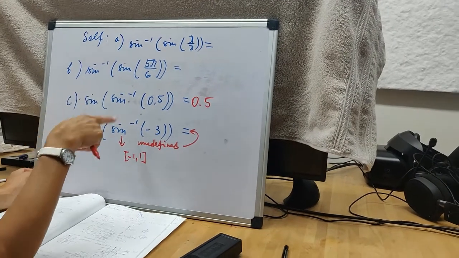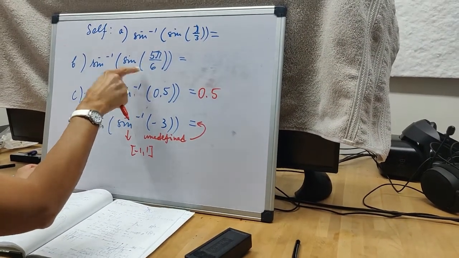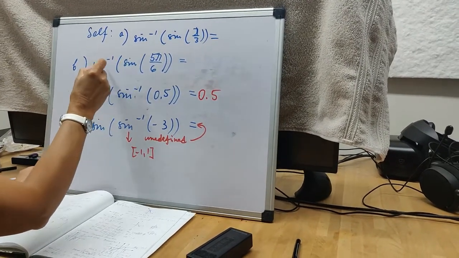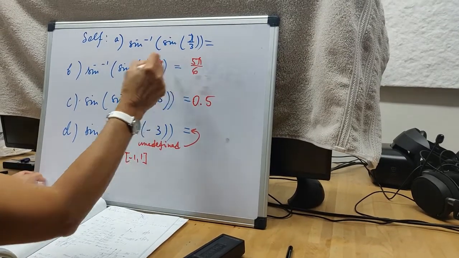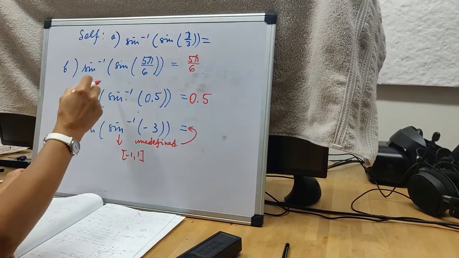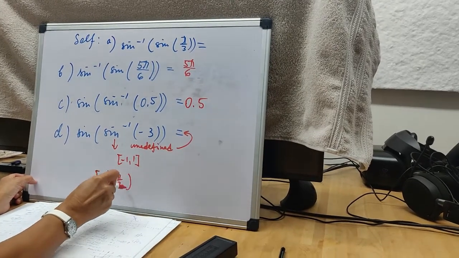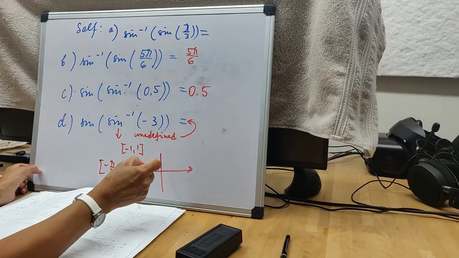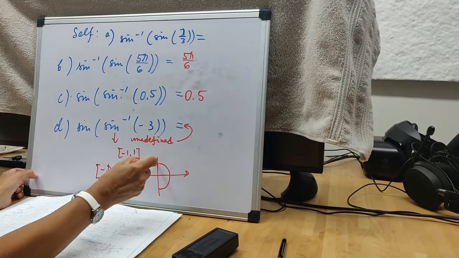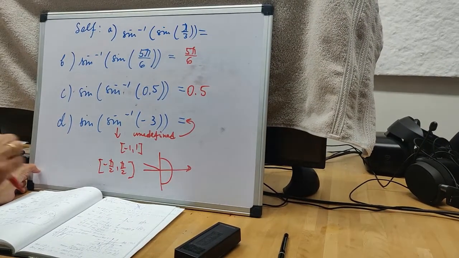For this, sine can be applied to 5 pi over 6, right? But if you just cancel sine and sine inverse, you are going to get 5 pi over 6, which is not correct, because sine inverse returns only numbers from -pi over 2 to pi over 2. And 5 pi over 6 is not there. I'm going to draw the graph, so we can use only numbers from here to here, but 5 pi over 6, it's actually over here. What should I do?